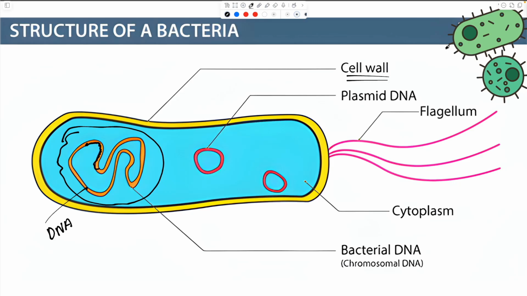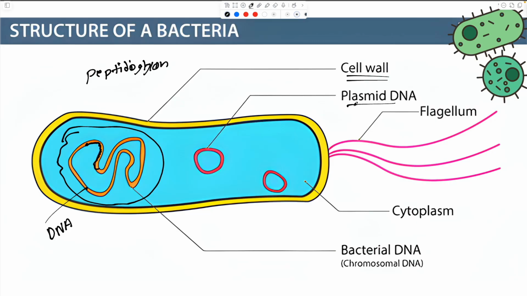However, unlike the plant cell wall, which is made up of cellulose, this bacterial cell wall is made up of peptidoglycan. Okay, this is a chemical. You don't have to remember the information right now, but you will eventually get it set in your mind.